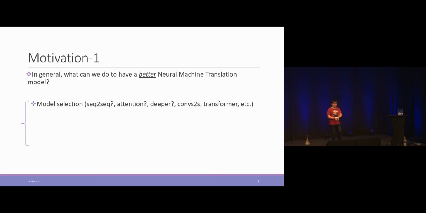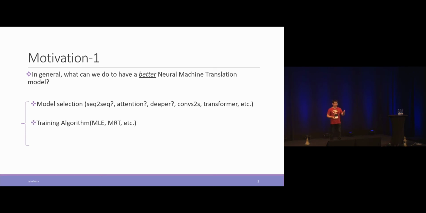For example, right now people usually use the standard sequence-to-sequence model, and maybe add attention, make it a little deeper, or get rid of the recurrent network, and we can also add more syntax and other features. All these choices try to model the data to really reflect the reality of machine translation. Another way is to focus on the training algorithms.